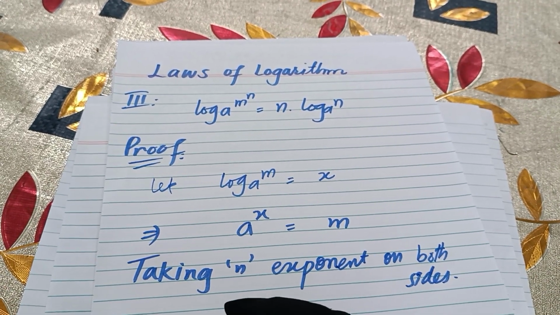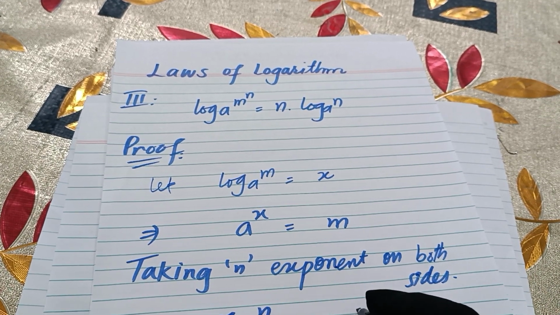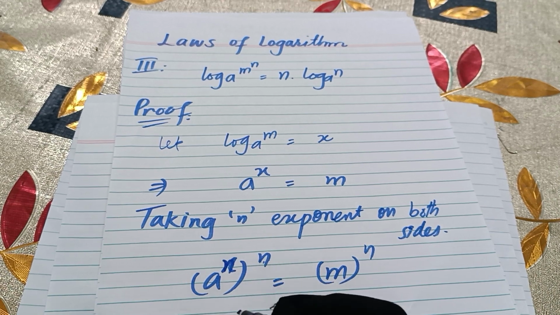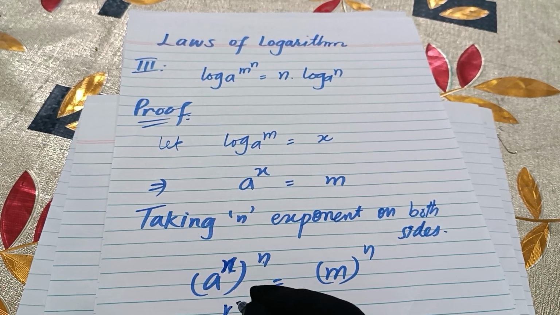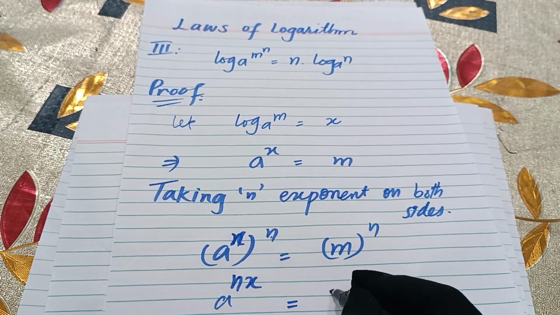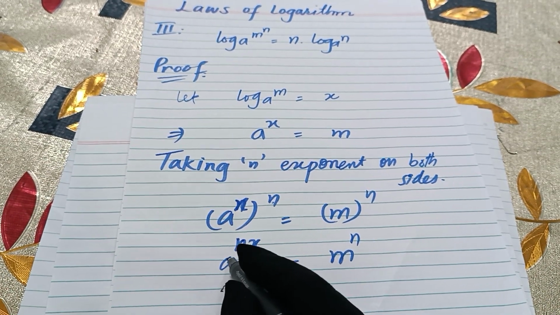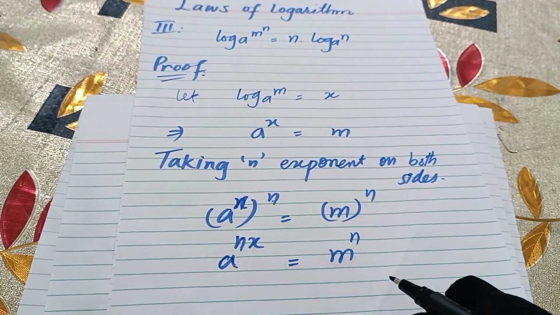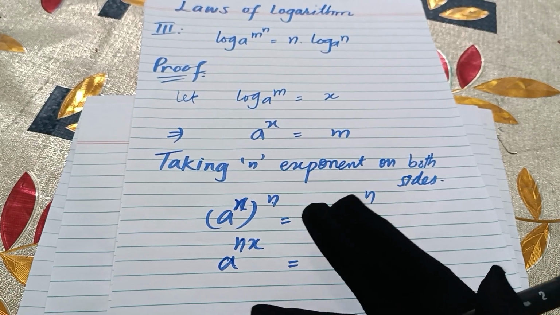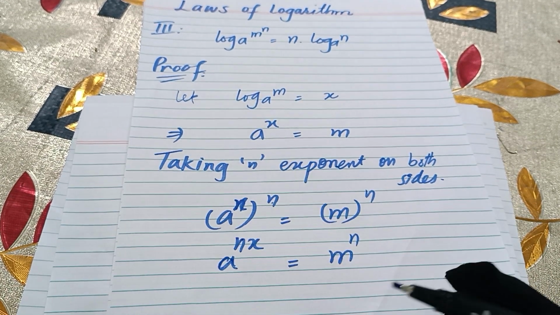So when I am taking the exponent here and on this side also, this exponent and exponent will multiply to each other, whether you write nx or xn, but alphabetically we write nx. So a^(nx) equals m^n, because if the number is single, its exponent will be written like this, but if the number already has a power, then power and power will multiply to each other.